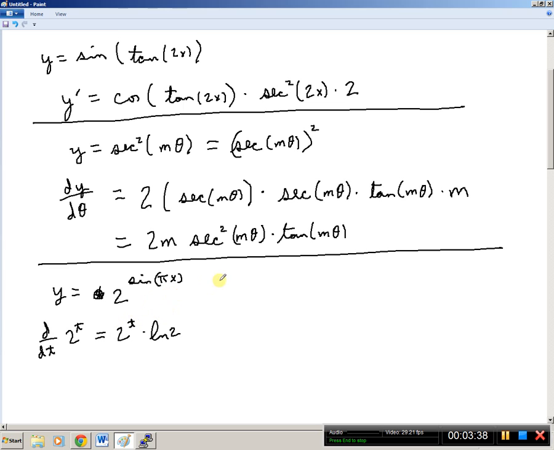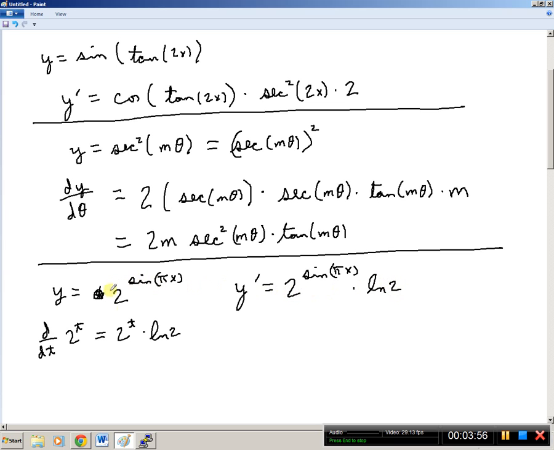So in this case, y prime, the derivative of 2 to any power, is 2 to that power back again times the natural log of 2.